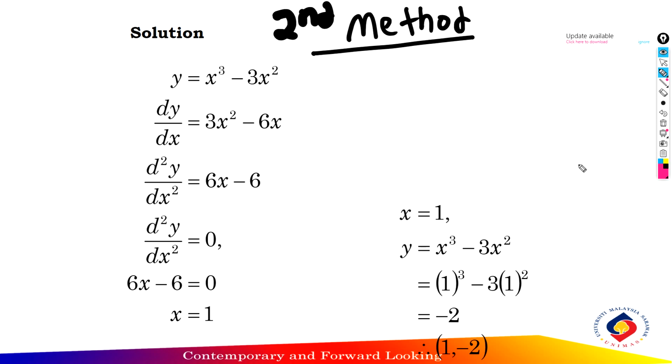Here you find the first derivative of the cubic function. Differentiate y with respect to x. So the first derivative here, dy over dx equals 3x squared minus 6x.